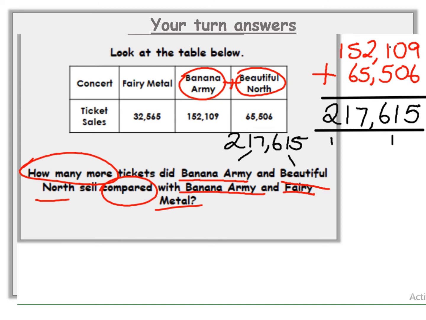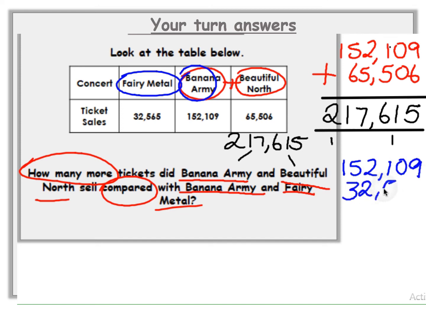Okay, now the next part of the question is asking me to find Banana Army and Fairy Metal. So 152,109, add 32,565.